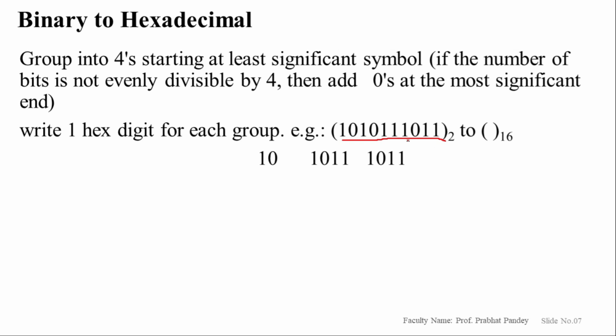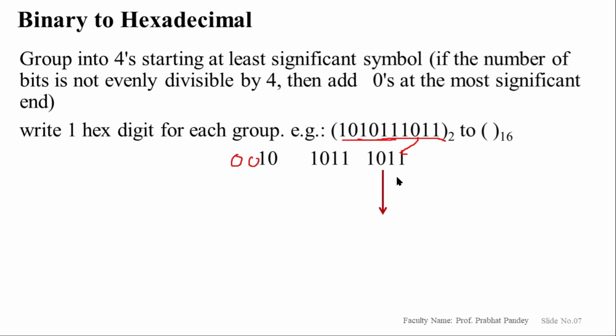So we need to make groups of 4 bits from the least significant digit. So 1011 we write here. Next is 1101 and the last one is 0101. Okay, so we need to write the 00 here also. Padding of 0 is necessary.